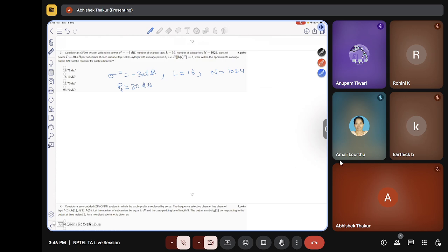So now in this question sigma squared is given as minus 3 dB, so 10 log base 10 sigma squared is equal to minus 3. So we'll get sigma squared is 10 to the power of minus 0.3, so this is 1 by 2. Again transmit power is 30 dB, so 10 log base 10 PT is equal to 30.